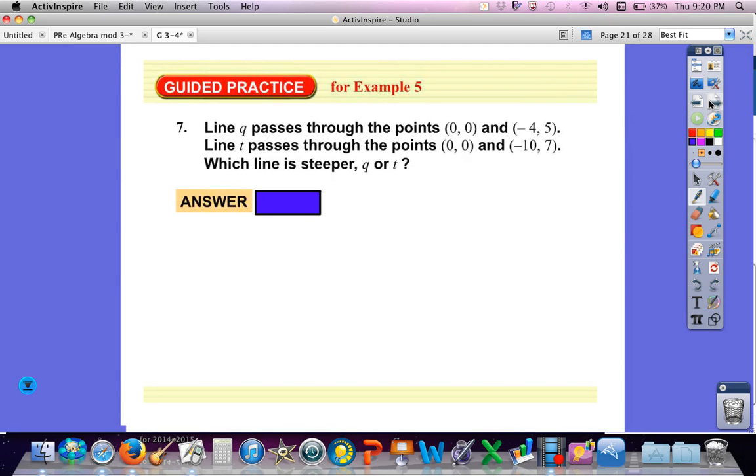I will go through with you, line Q passes through these points, and line T passes through these points, which is steeper. So 0 minus 5 is negative 5. 0 minus negative 4 is positive 4. So the slope of Q is negative 5/4. For T, 0 minus 7, negative 7.